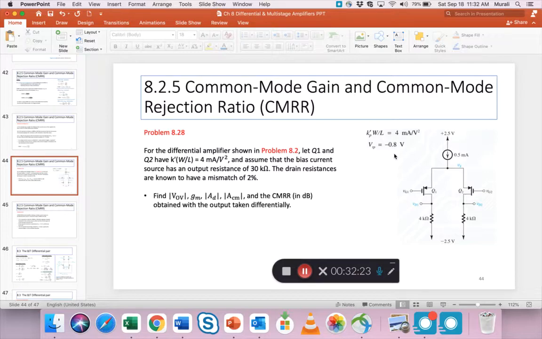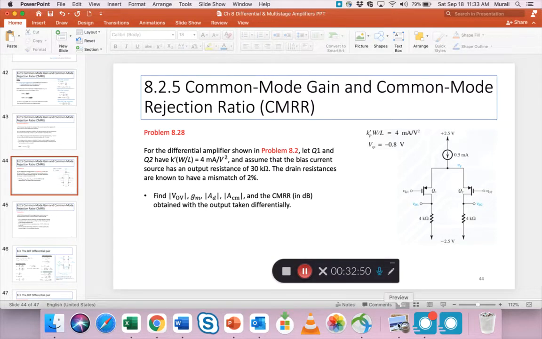VTP was given previously, I think, as minus 0.8. This is minus because these are PMOS devices. So using this information, find VOV, GM, AD, ACM, and once you know AD and ACM, you can take the ratio to find CMRR in dB when the output is taken differentially.